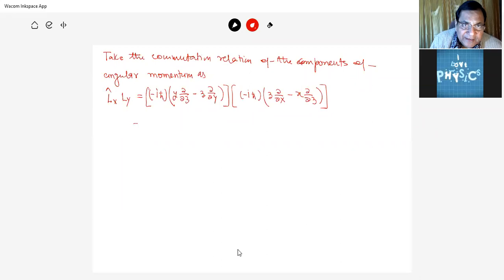So what we find is minus plus i squared h cross squared, that is minus h cross squared.